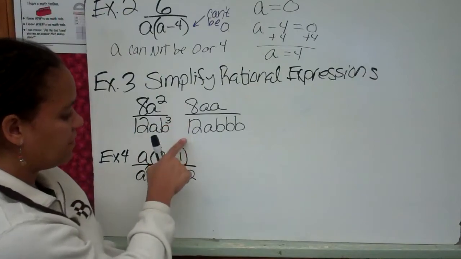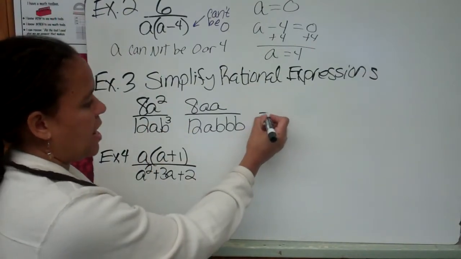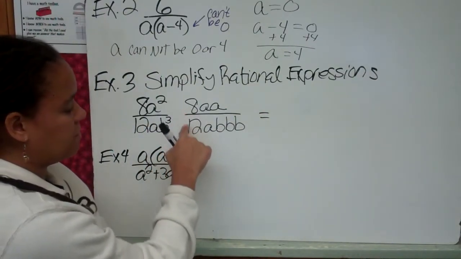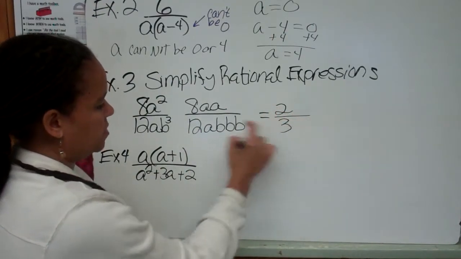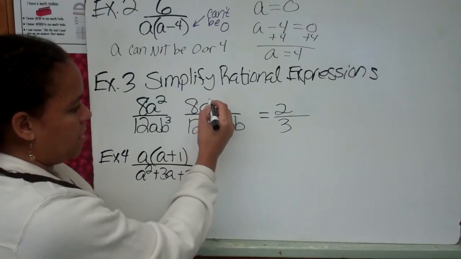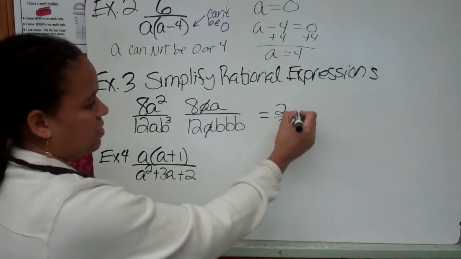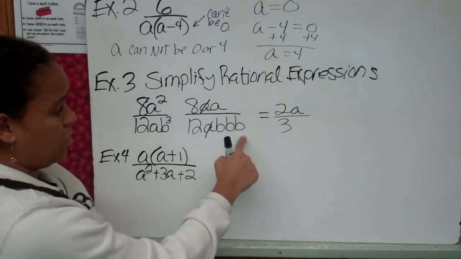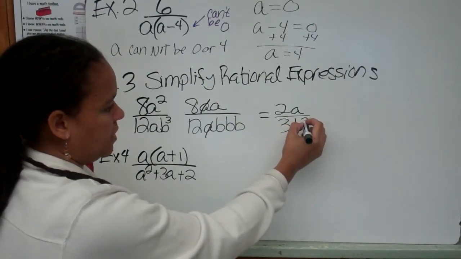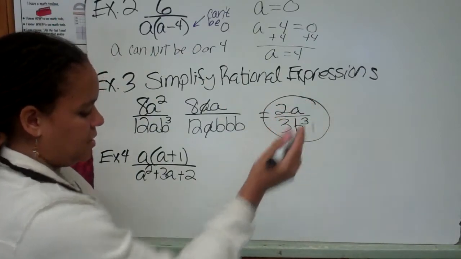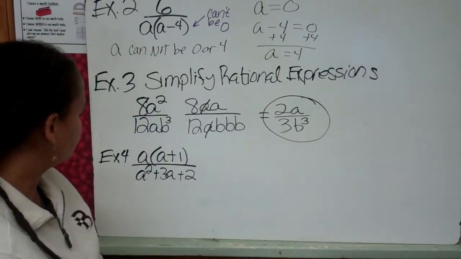So of course we're going to simplify the 8 and the 12 first as a fraction. So 4 goes into both of these. 4 goes into here twice. 4 goes into here 3 times. And now a, we can cancel this one out, and there's still one left up top. There are no b's up top, so I can't cancel anything out. So I'll be left with b cubed at the bottom. So this would be in simplest terms.